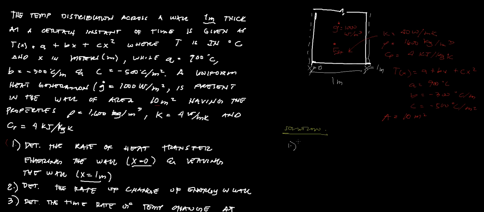So for the solution, for number 1, we need to determine the rate of heat transfer entering the wall and leaving the wall at x is equal to 1 meter.